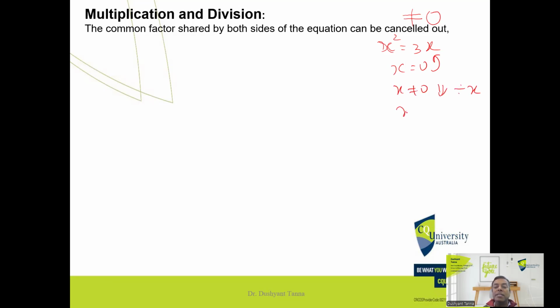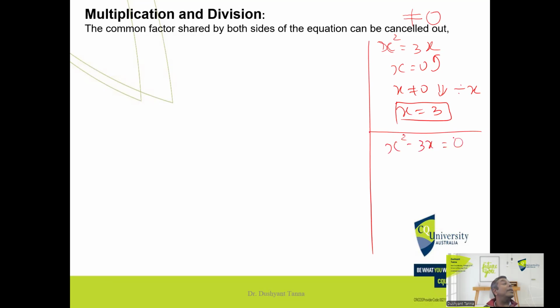Divide by x. So this will become x equals 3. Or like Daniel suggested, that's a better approach. x squared minus 3x is 0. Bring it to the left. Change the sign. Take x common. x times x minus 3. Now the multiplication of two factors is 0. So either the first one is 0 or the second one is 0. So either x is 0 or x is 3.